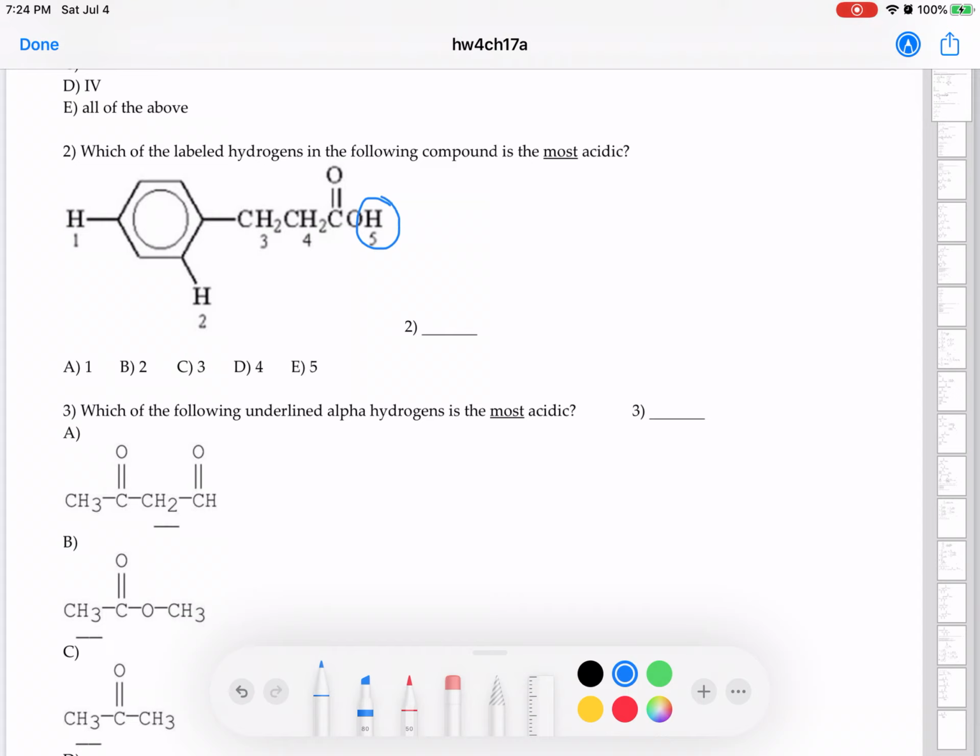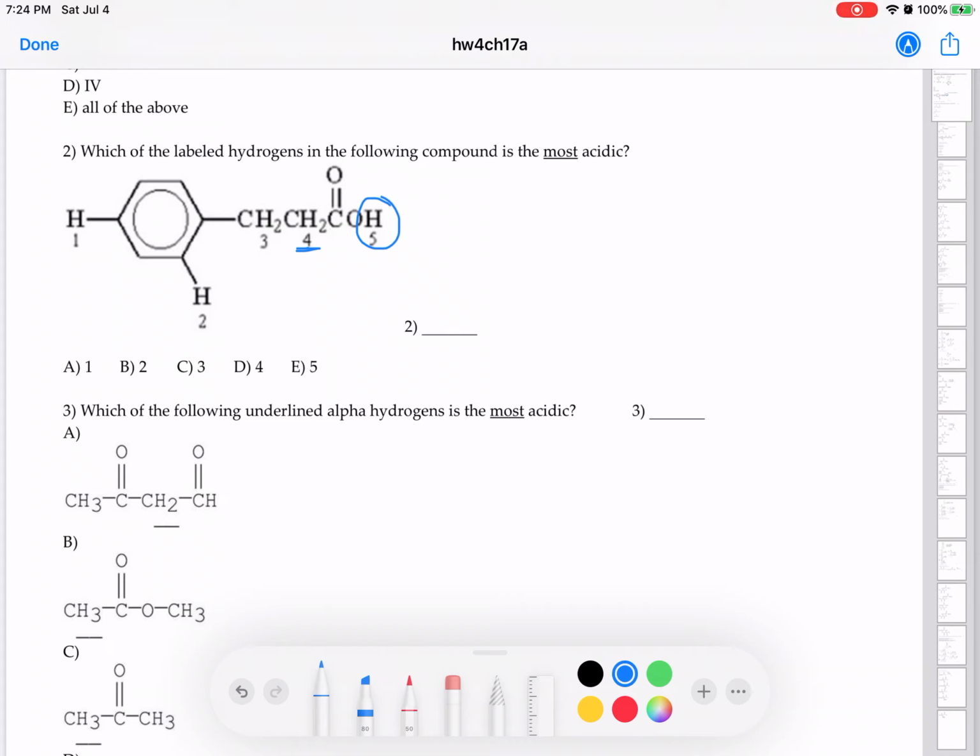Carboxylic acid acidity is measured by pKa, acetic acid about 4.5. So it can range from around 3, 4, 5 area for carboxylic acids. This other hydrogen is acidic, but it's not as acidic as the carboxylic acid hydrogen.